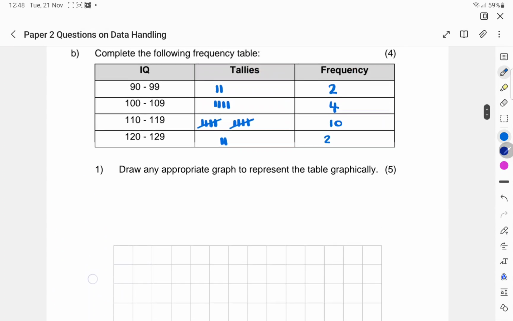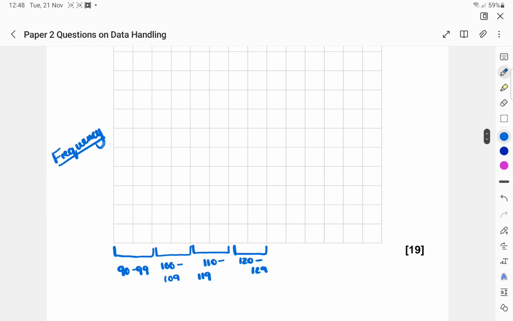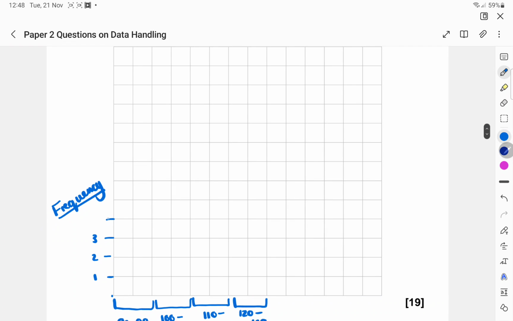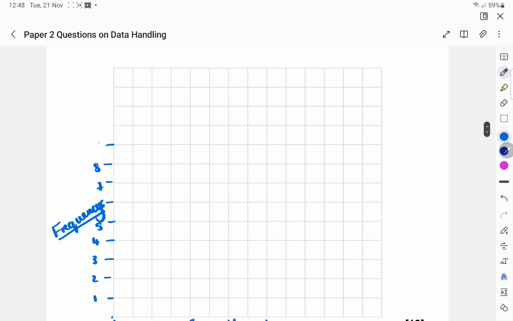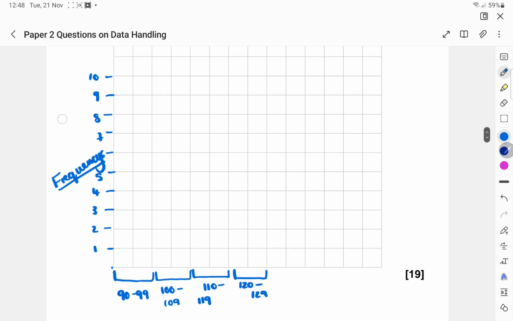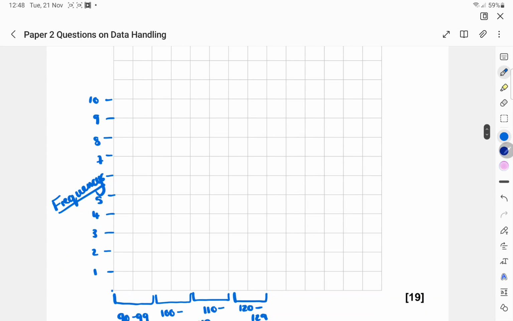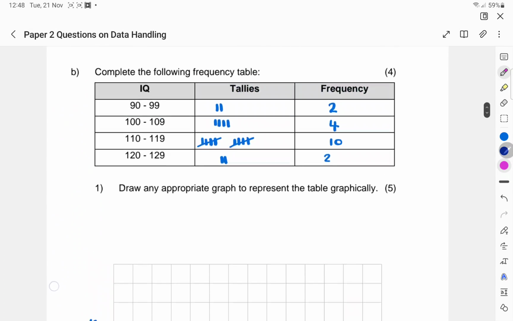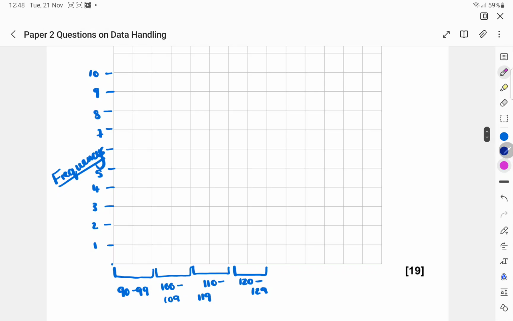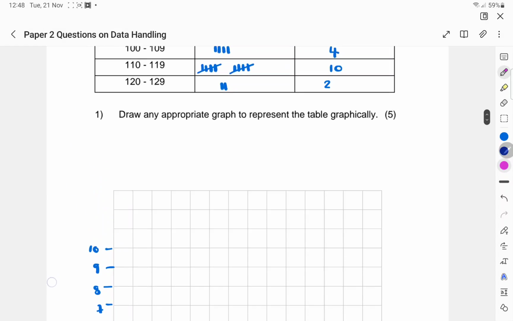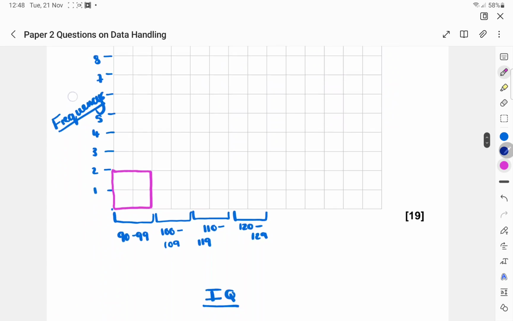Okay, and now we just need to arrange it between 2 and 10, always starting at 0, 1, 2, 3, 4, 5, 6, 7, 8, 9, and 10. Then I'm going to use another color. 90 to 99 was 2. 100 to 109 was 4.